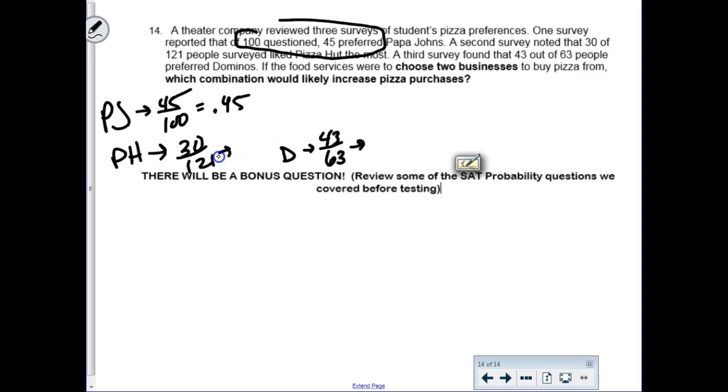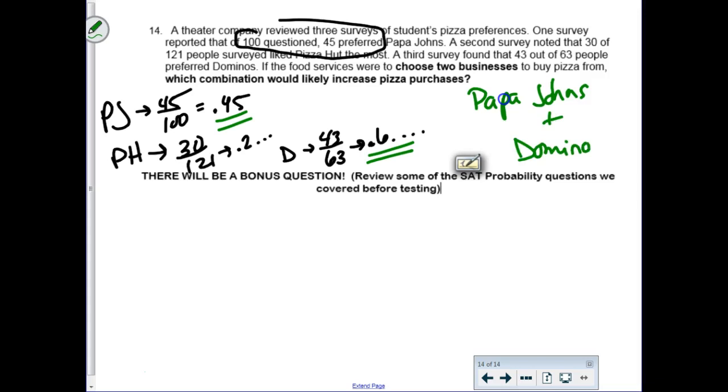So this one's small. This is like 0.2 something. I'm not sure what. This is 0.6 something. I don't have a calculator open. So we're looking for the two largest percentages, and that would be Papa John's and Domino's. I spelled Domino's. There we go. So look for the two largest percentages and go with that.